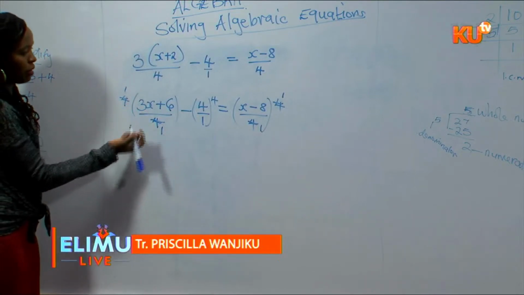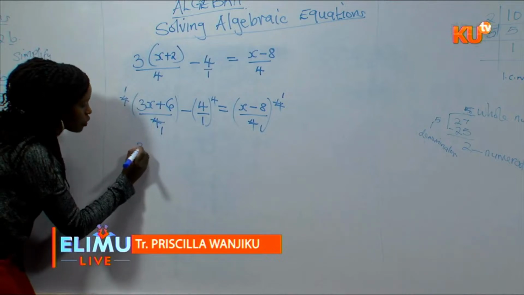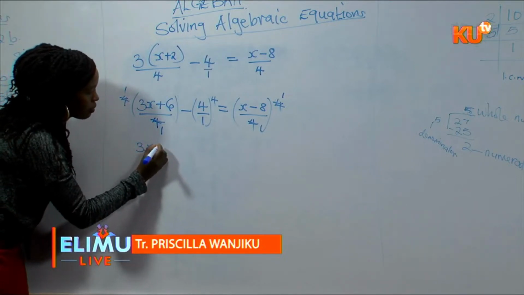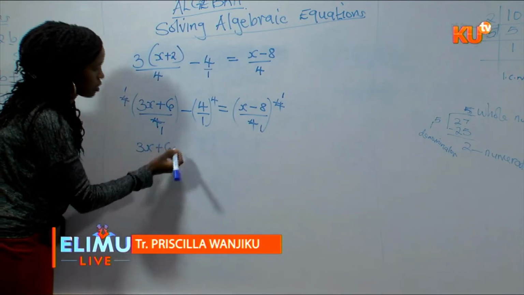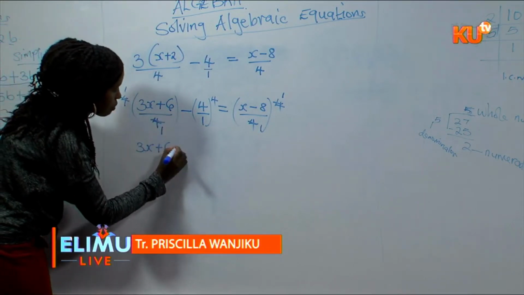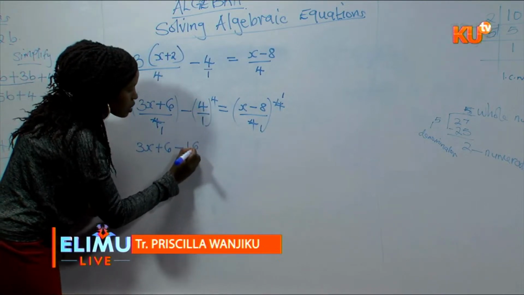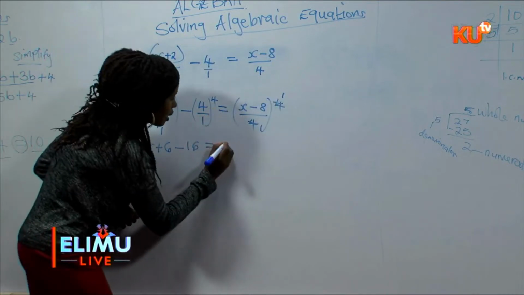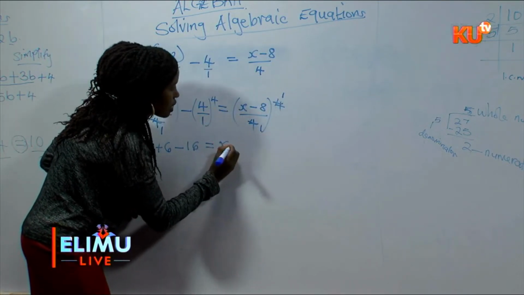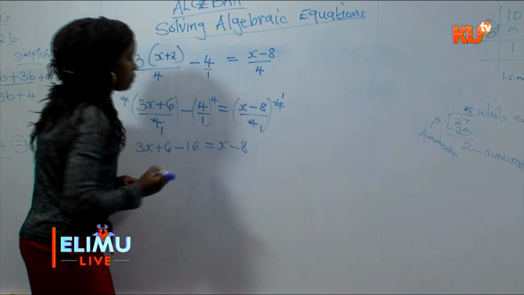Then from there now we open up the bracket. 3x times 1, we get 3x plus 6 times 1, we get 6. Here we have a sign that is minus. 4 times 4, we get 16 is equal to 1 times x, I get an x, that is x minus 1 times 8, I get 8.